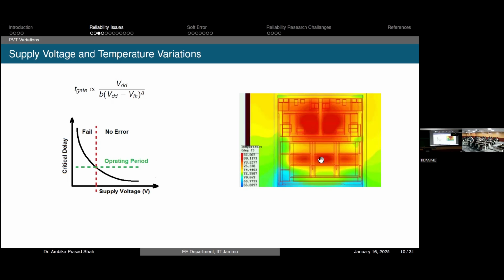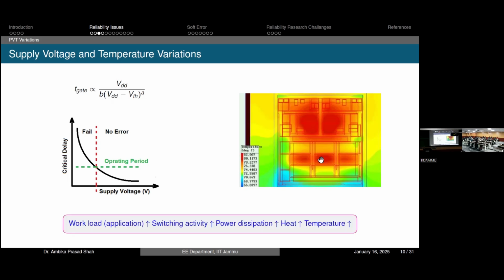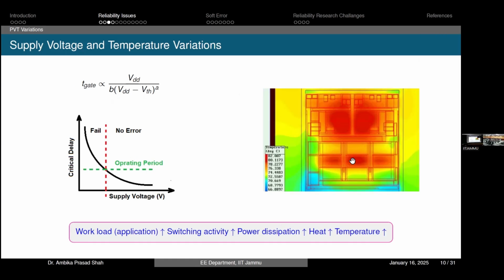If you have more workload, definitely more switching activity, high power dissipation, more heat will be generated, and the temperature of a particular region will increase. That's a problem. This kind of thing we can call temperature variations. It could be local, it could be global.